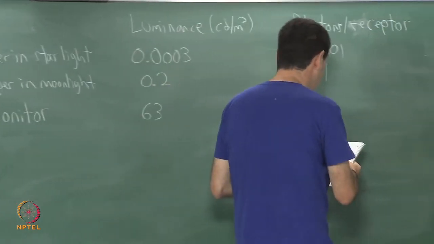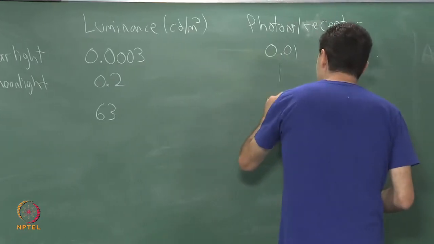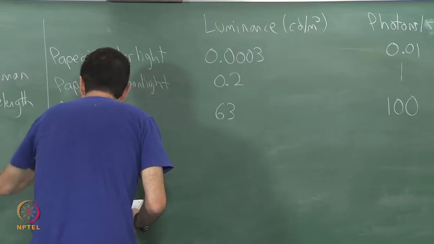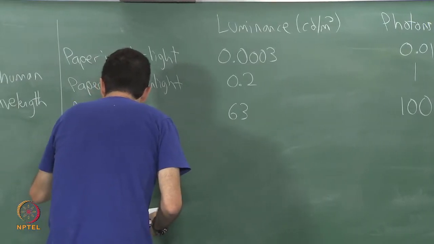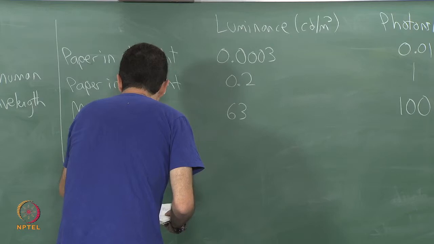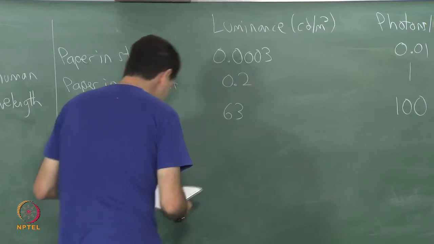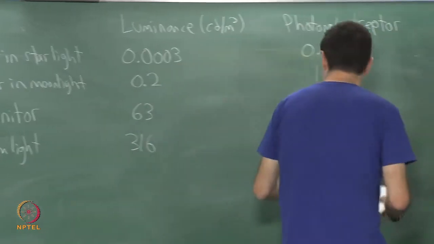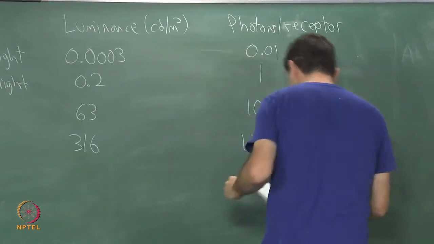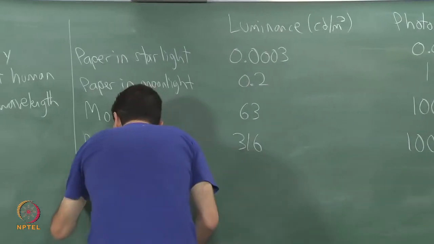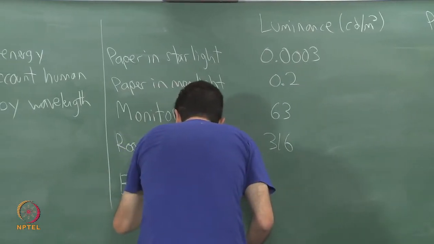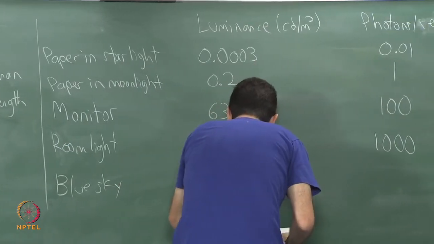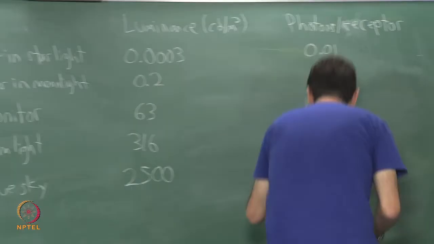Of course, it depends on a lot of factors, but then you get 100 photons per photoreceptor. Room light, which of course again there's variation here, but 316, and it's about 1,000. Blue sky. So looking up at the blue sky, it's about 2,500. Sure, it depends on where you're at in the world.